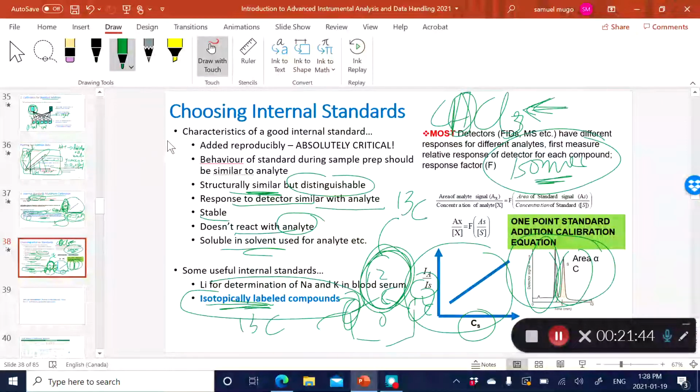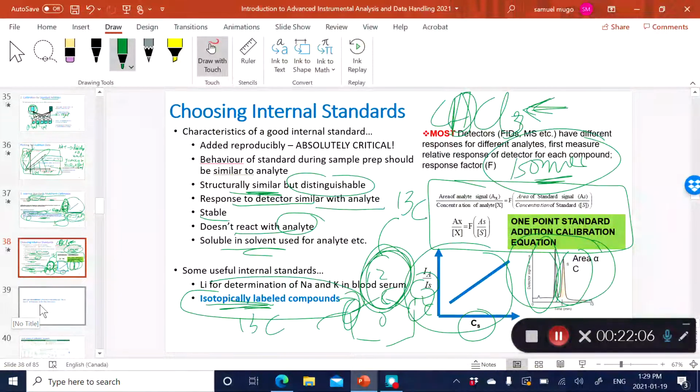Those of you who did Chem 211 are familiar with this relationship, which explains the idea of the 1 point standard addition, 1 point calibration for the internal standard method.